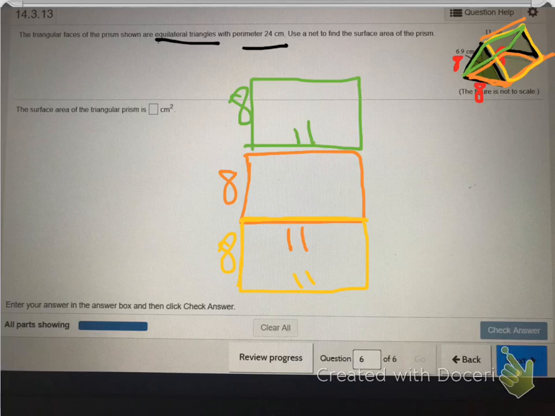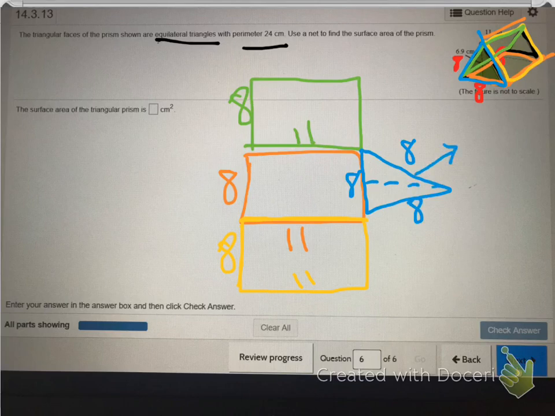And then I need to draw this front triangle right here. And I know that this is 8, and this is 8, and this is 8. And then this height is 6.9. Okay?